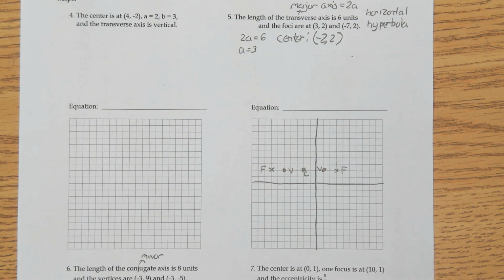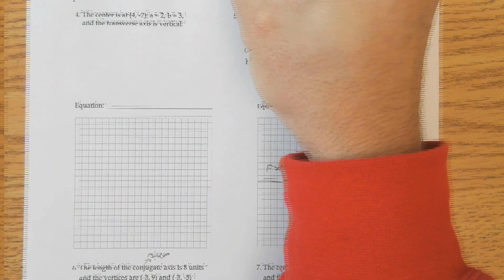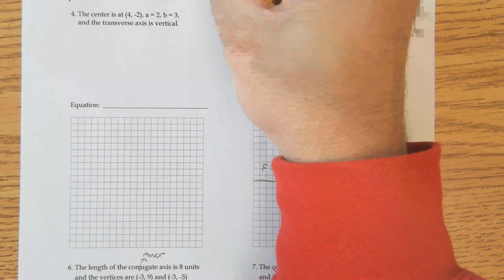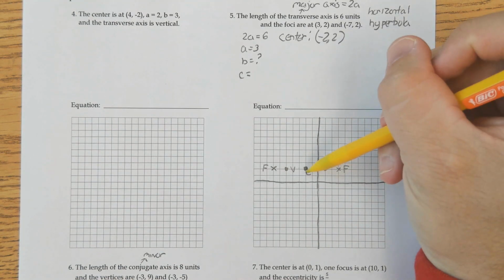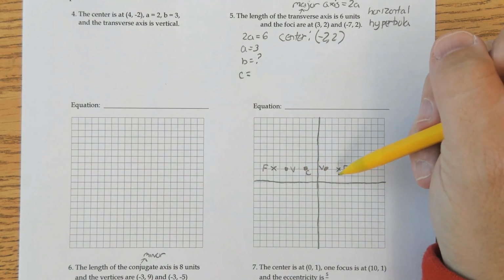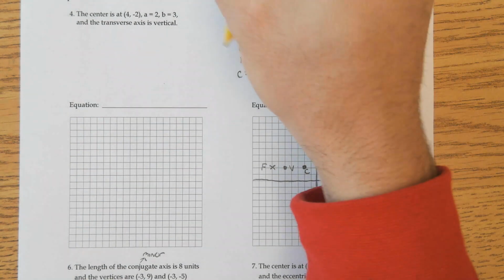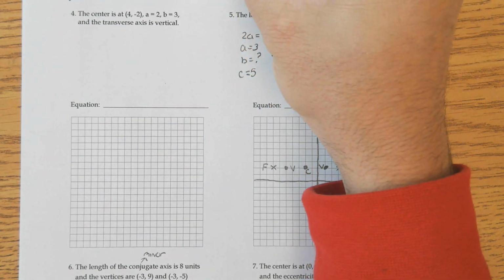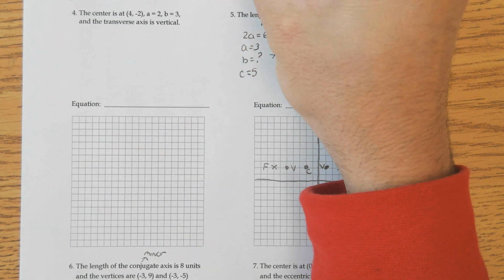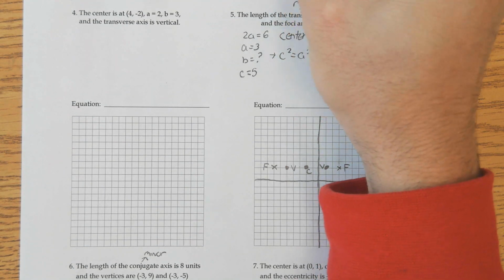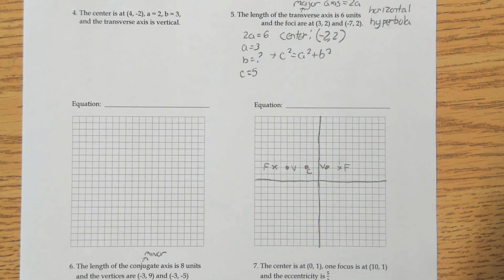So, what do I know? I don't know B yet. But do I know C? I do, right? Because C is the distance from the center to each focus, and they're going to be the same, and so that is 5. So now to find B, we're going to use our formula here: C squared equals A squared plus B squared.